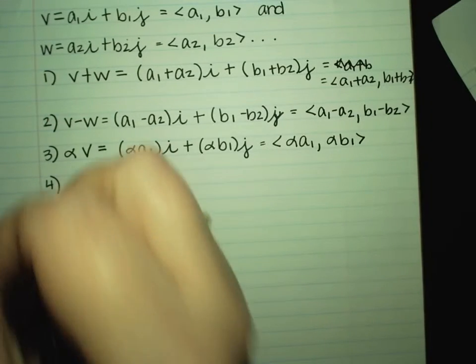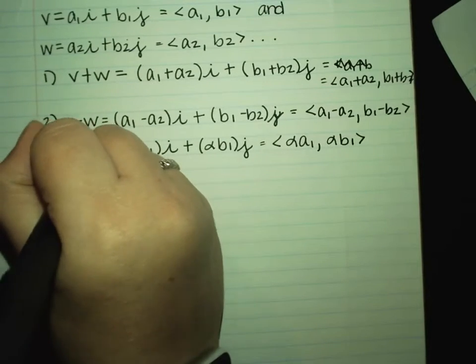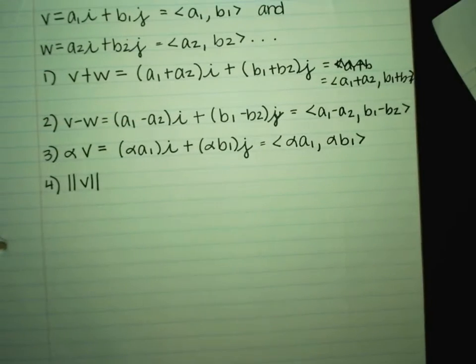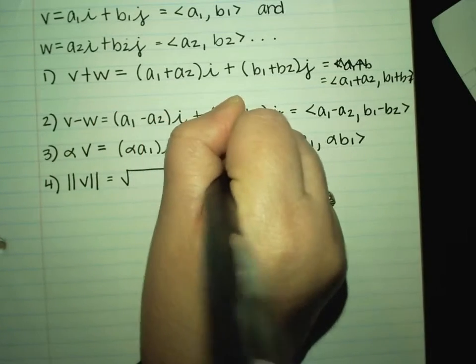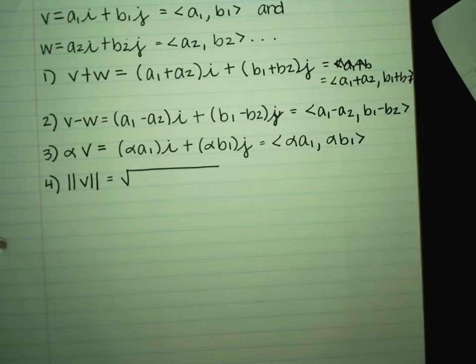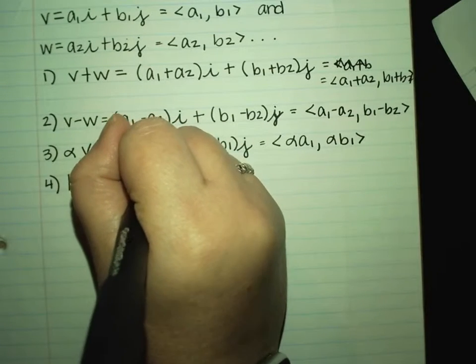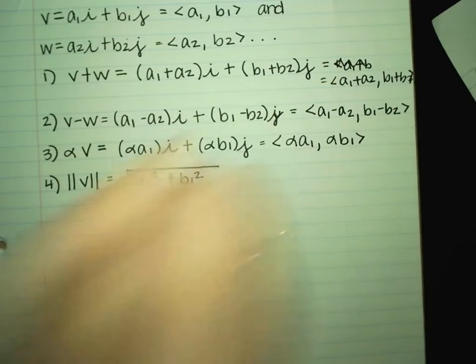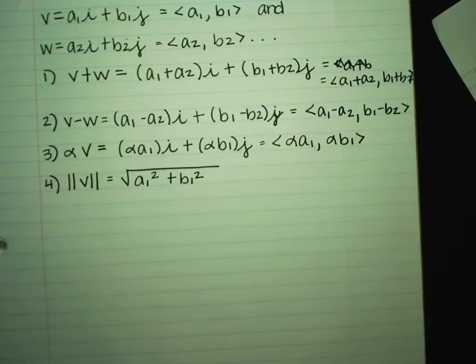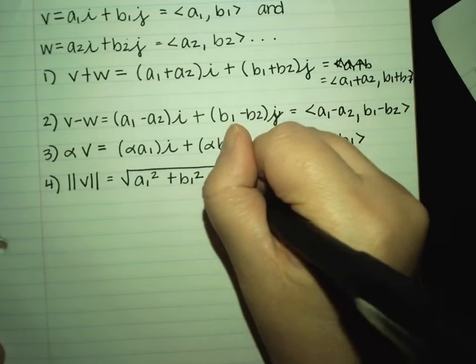And then number 4, we're coming back to magnitude. Again, our symbol for magnitude, I like those double absolute values. The magnitude is equal to the square root of A sub 1 squared plus B sub 1 squared. If we take a look at this, this is just like the Pythagorean theorem.